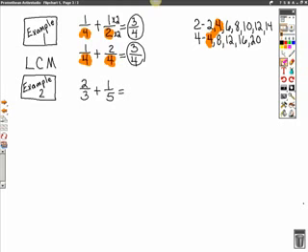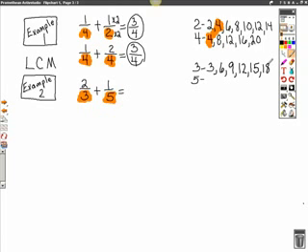Once again, first thing you want to do is look at these denominators. We can see we have a 3 here and a 5 over here. So you want to go to some scratch paper and write out your multiples of both 3 and 5 so you can determine your LCM, or your lowest common multiple. Multiples of 3 are 3, 6, 9, 12, 15, 18, and so on.